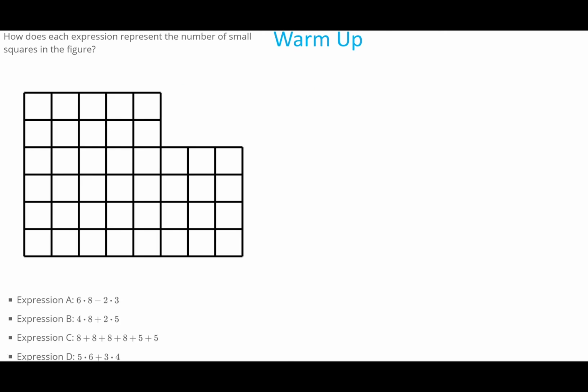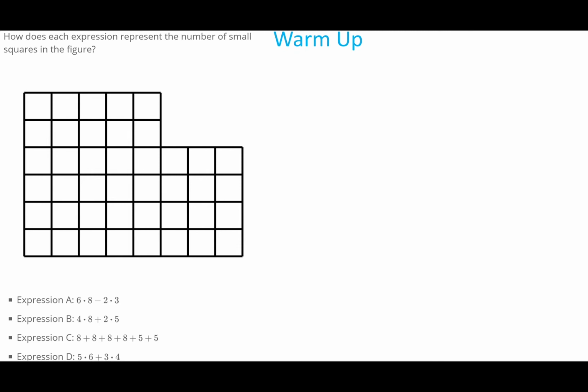First, for our warm-up, please take a look at this figure and see how each of the four expressions underneath the figure represents the number of small squares in this figure. You may have answered that in expression A, we have 6 times 8 minus 2 times 3.